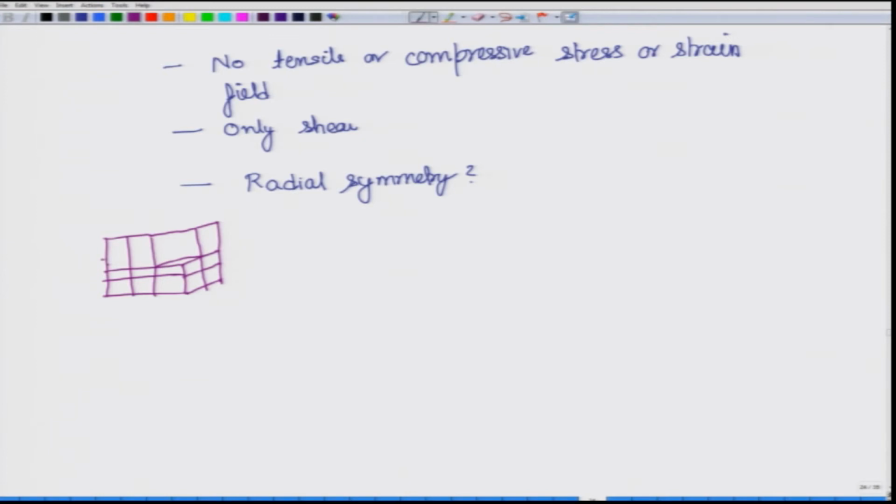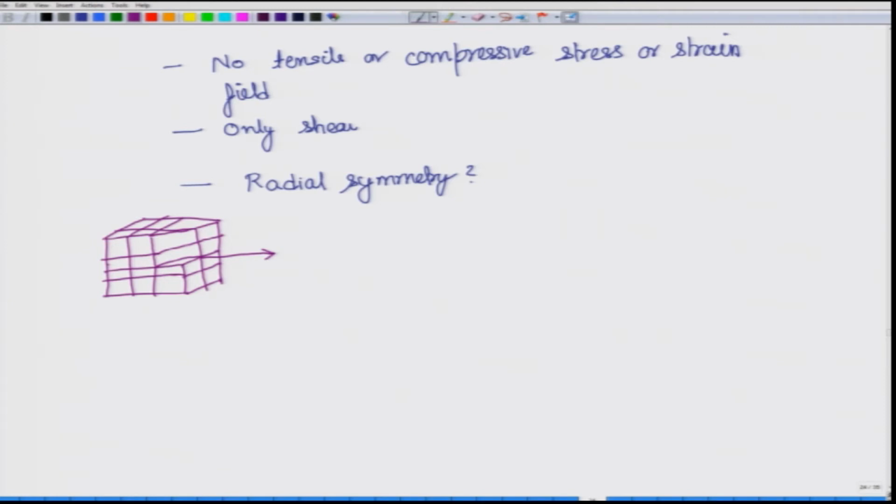I have showed you this diagram earlier also, but what I am trying to show here right now is that this particular drawing that we have been using shows that it should have a radial symmetry, meaning there should not be any particular line direction or any particular cut direction.